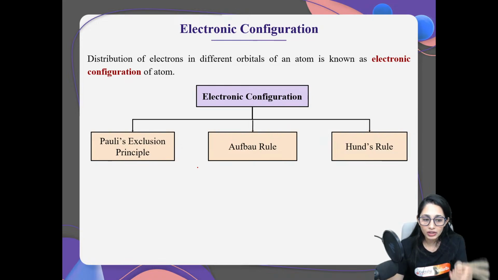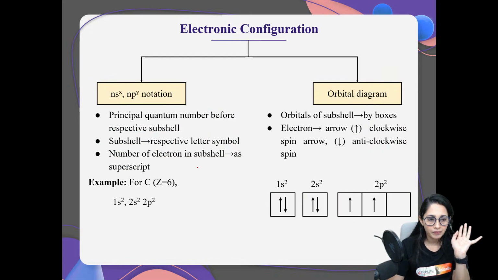So we make use of Pauli's exclusion principle, and we include the Aufbau rule and Hund's rule. We make use of nsx and npy notation and orbital diagrams. The principal quantum number comes before the respective subshell, the subshell is indicated by its letter symbol, and the number of electrons in the subshell is written as the superscript.